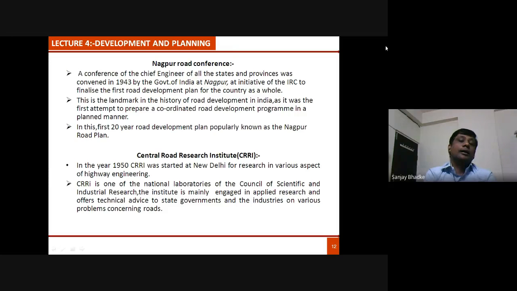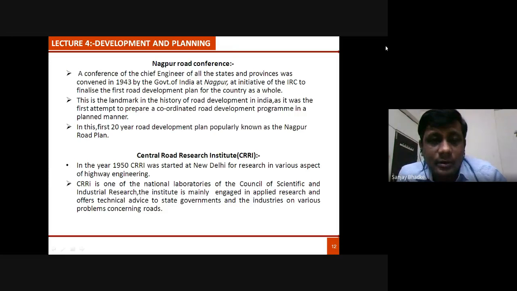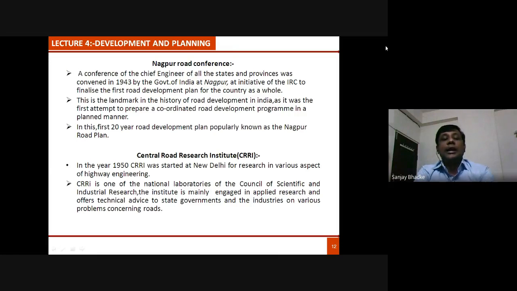That's why this first development plan is called the Nagpur Road Plan, and this is a landmark in the history of road development in India. It was the first attempt to prepare a coordinated road development program in a planned manner. This first 20 years road development plan is popularly known as the Nagpur Road Plan, as it started from Nagpur.